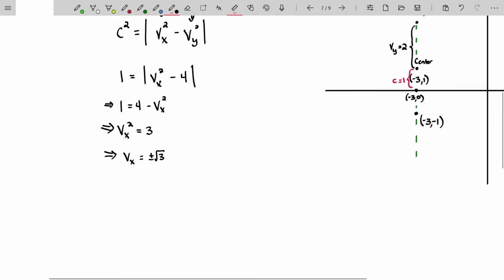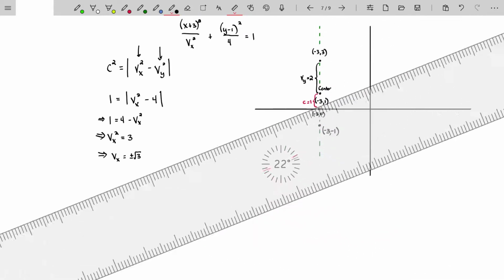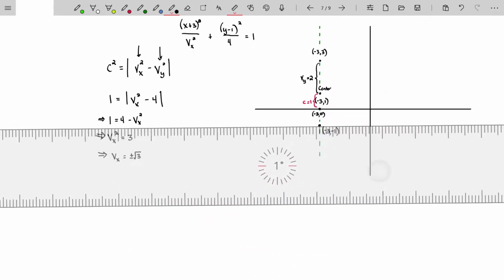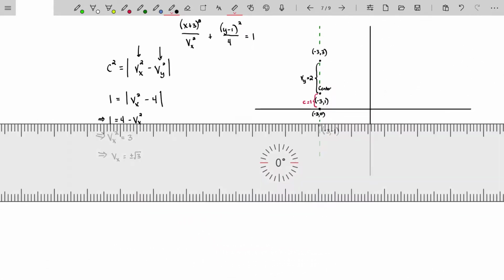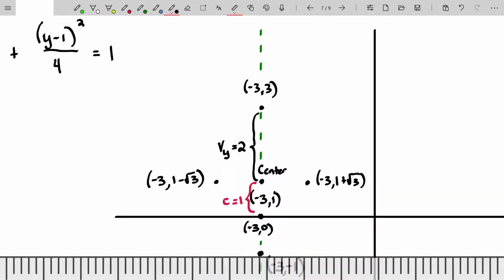So let's plot these in here. Root 3 is just a little bit greater than 1, so I'm going to eyeball a distance here, and I'll be right back. Notice how I labeled those. I write them as (−3, 1 + √3) and (−3, 1 − √3).